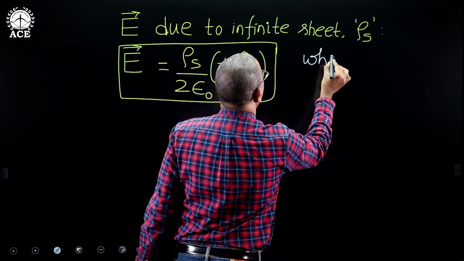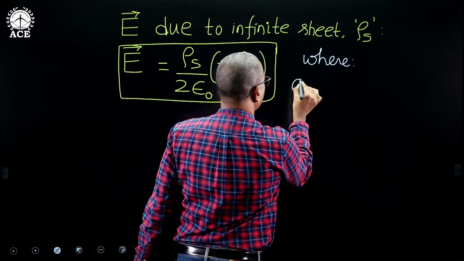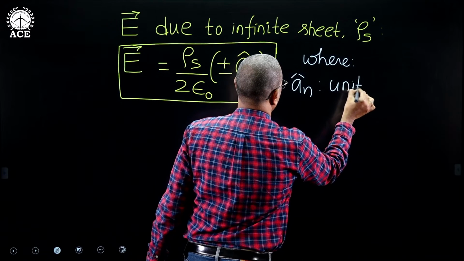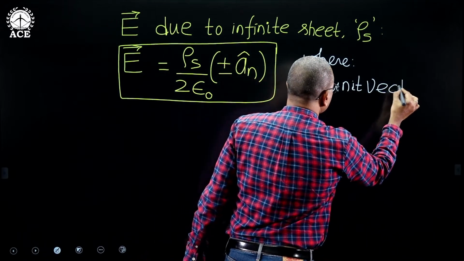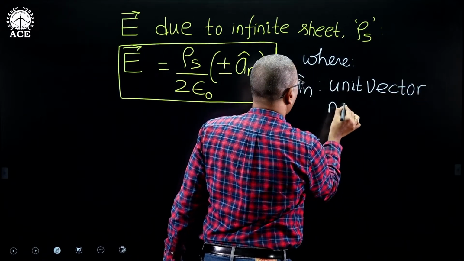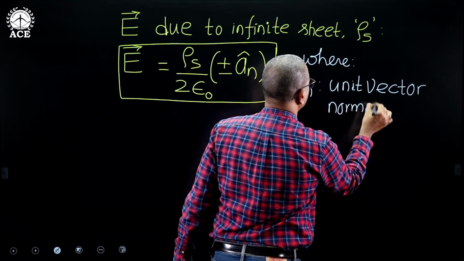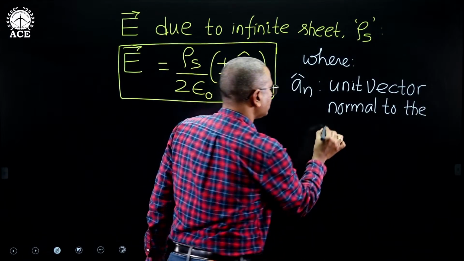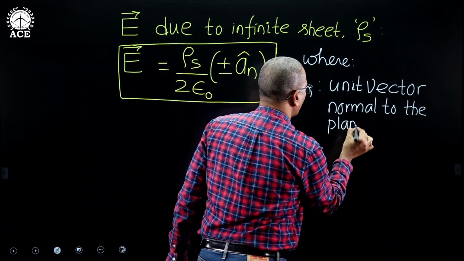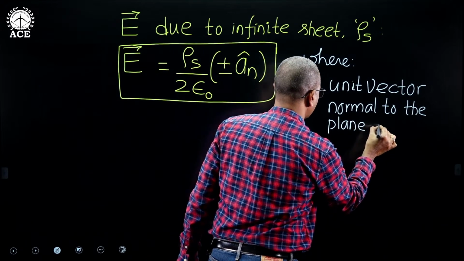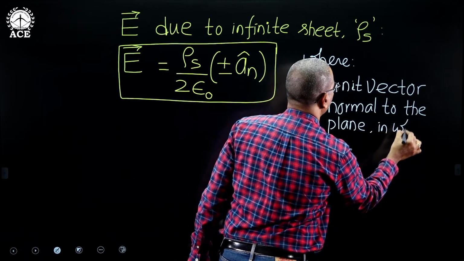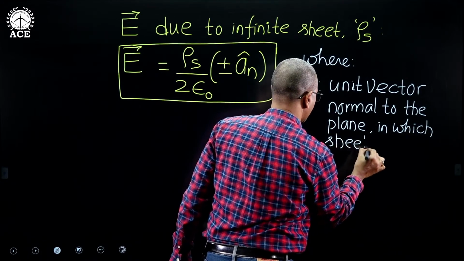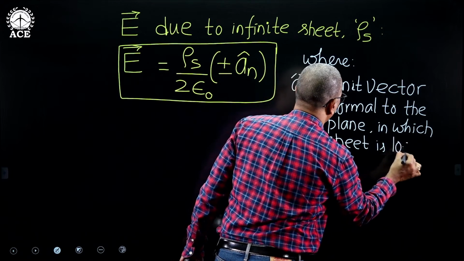I am just writing for your understanding, where an cap is the unit vector normal to the plane in which the sheet is located. How to choose this?